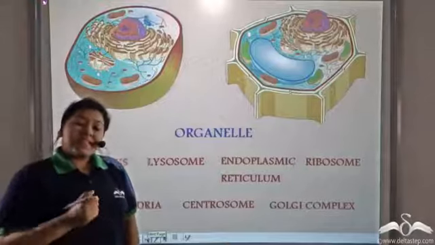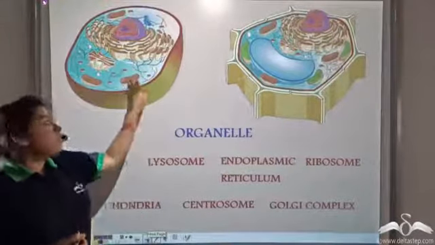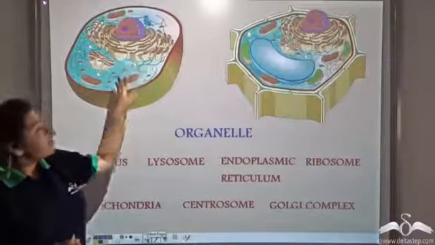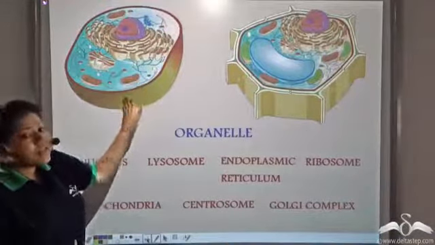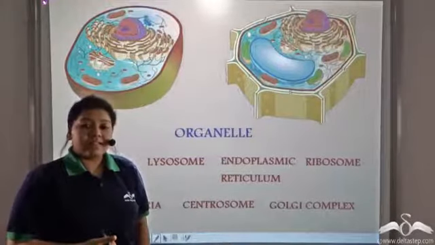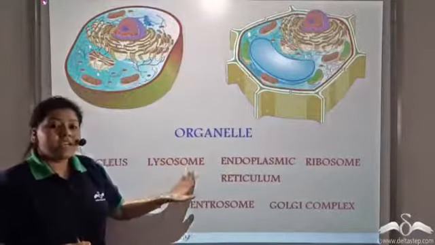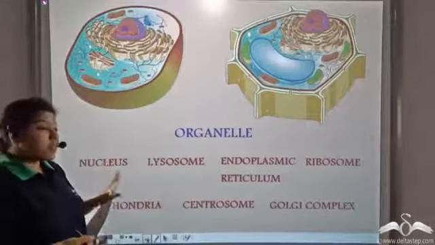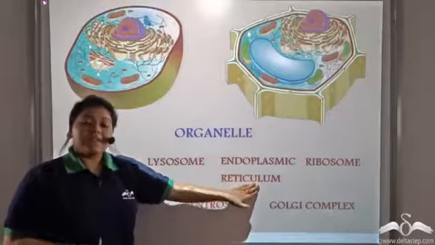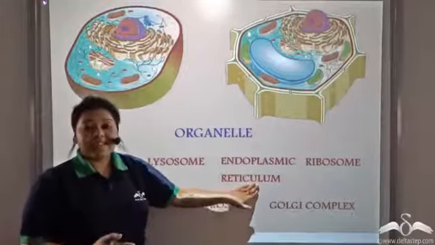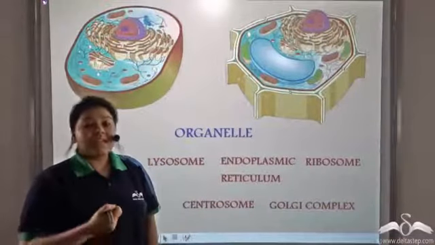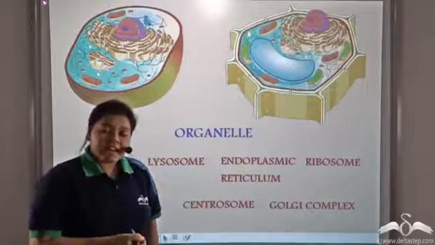Now, there are many cellular structures in both the plant cells and the animal cells. Now see, these organelles are very important structures in the cells. If a single organelle, like the nucleus or the lysosome or the endoplasmic reticulum, if even one organelle gets affected, the entire cell gets affected, or even the cell can die.